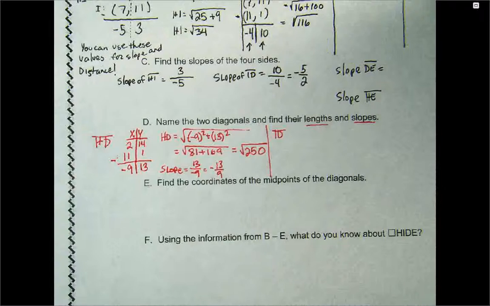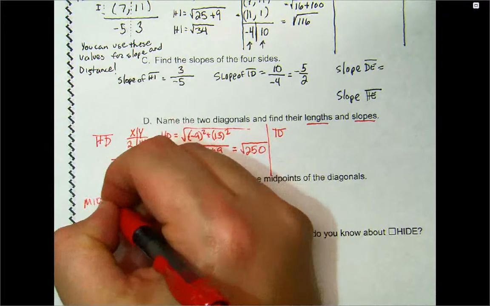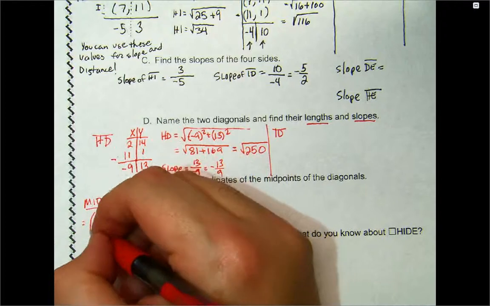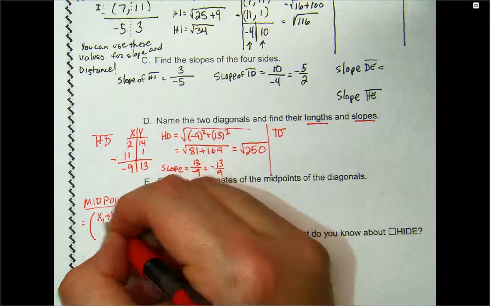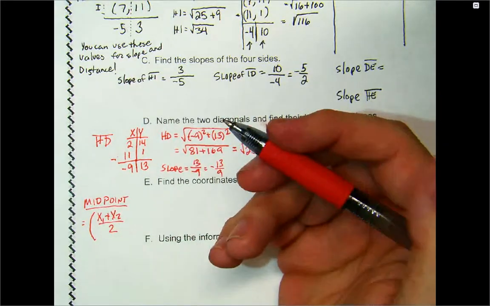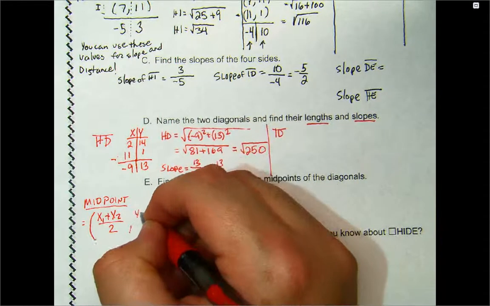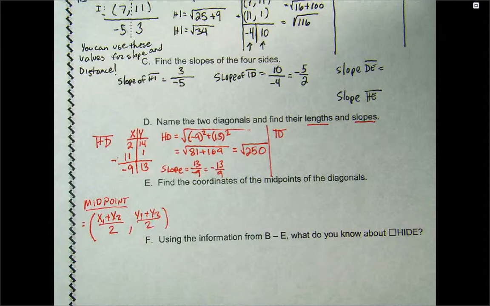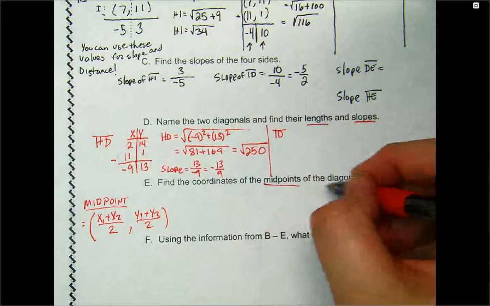Now, who remembers the midpoint formula? That's what I kind of thought. Add the x's, divide by 2. Midpoint is going to be like an average, if you remember midpoints as averages. Now for HD, since we're finding midpoints of diagonals, we're going to be working with HD, which is one of my diagonals.